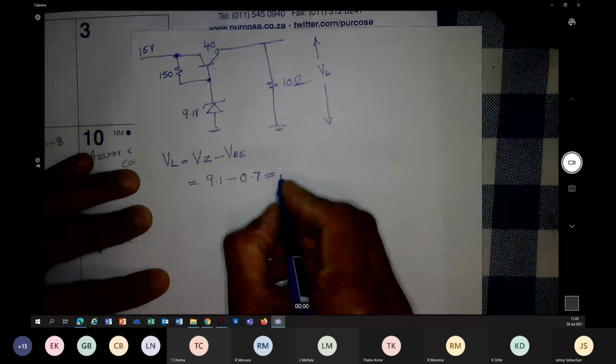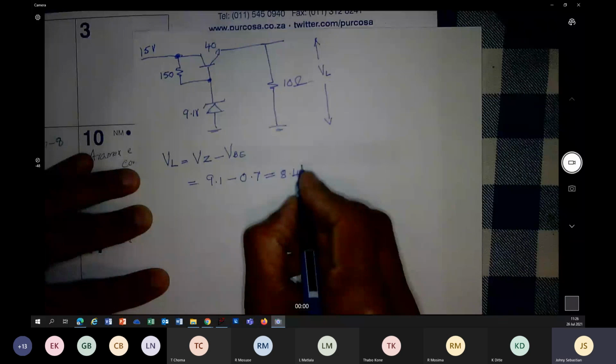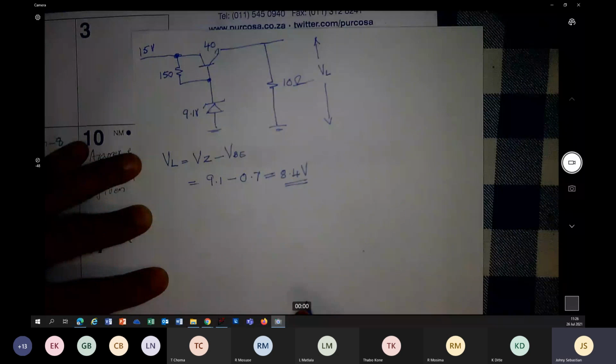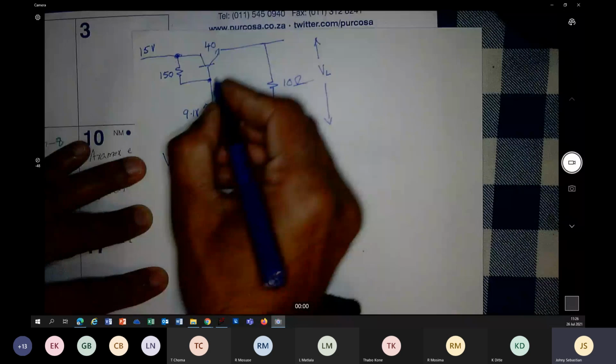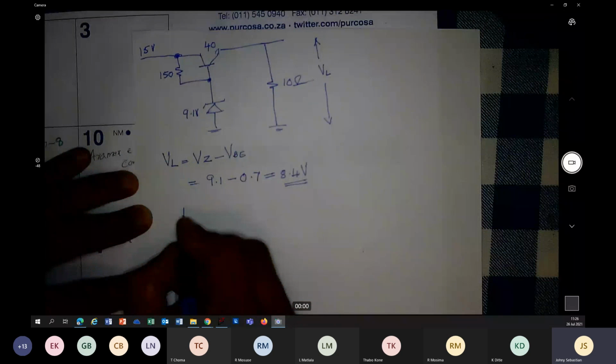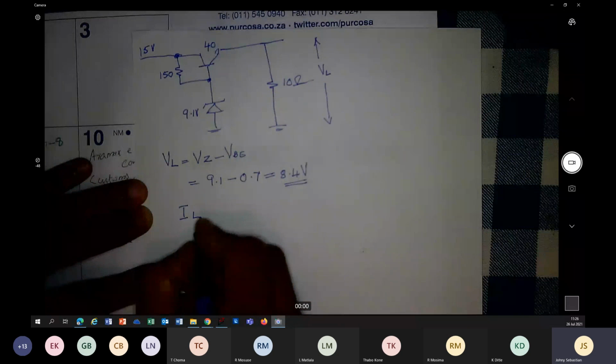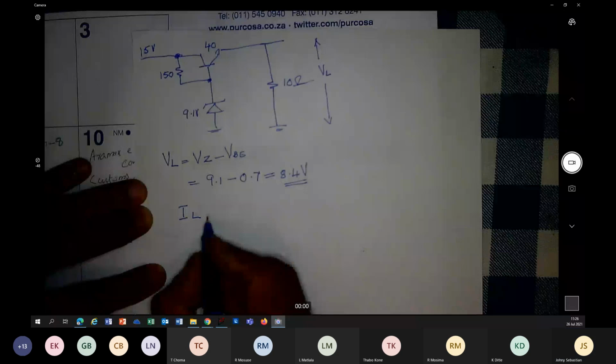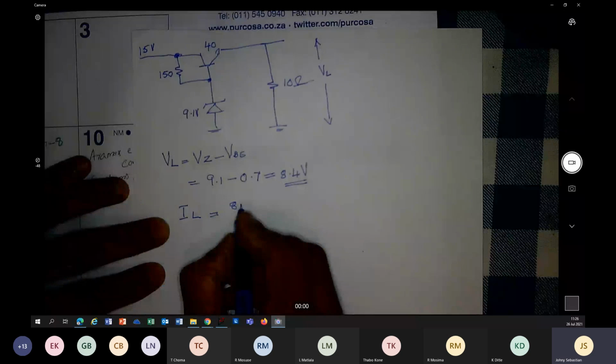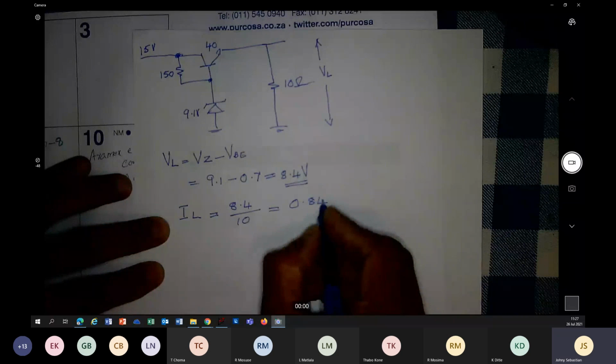Now, the question says find all the node voltages and all the currents. We can work out IL: 8.4 divided by 10 ohm, which is 0.84 amperes.